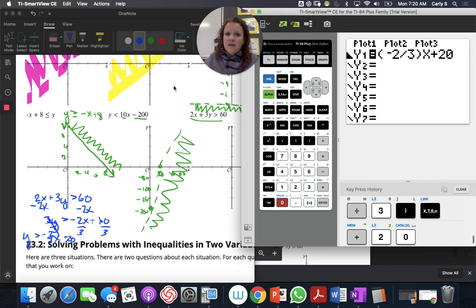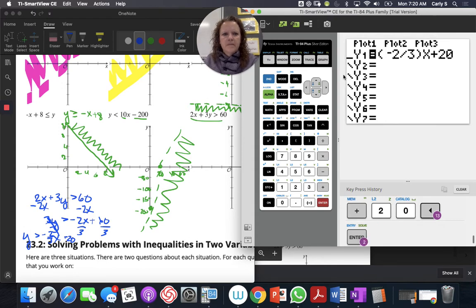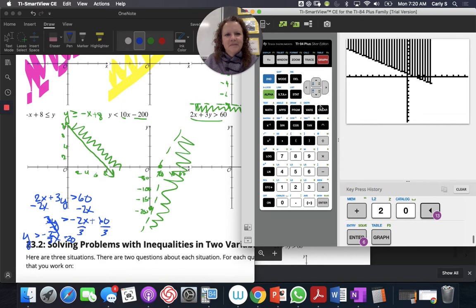Okay, my window's not right, but let's just see what happens. And we're actually greater than. Takes so long. There we go. Okay, it looks fine.